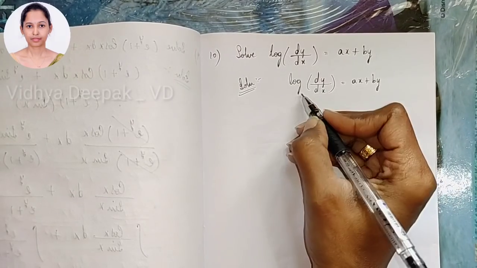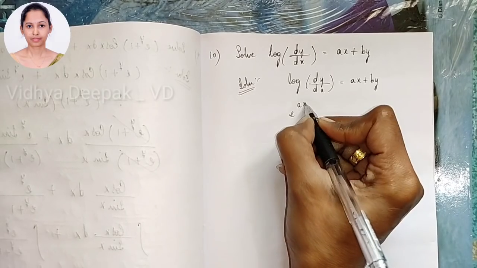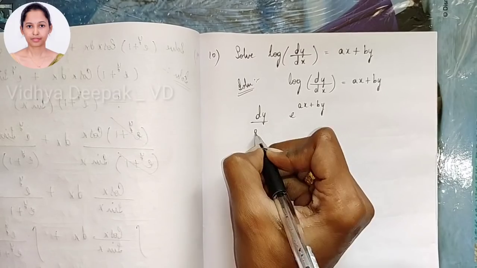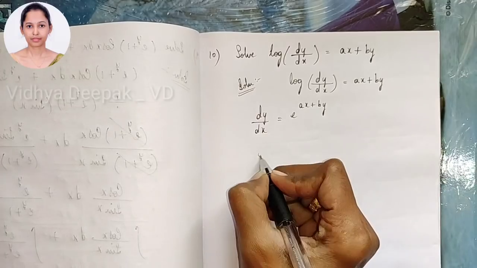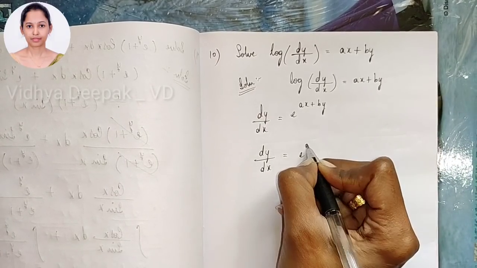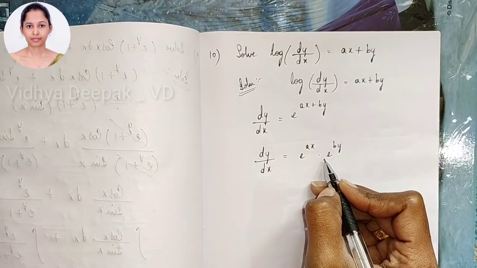What is the logarithmic definition? e to the power of this is equal to this, right? So e to the power of ax plus by is nothing but dy by dx, right? Now this can be written as dy by dx is equal to e to the power of ax into e to the power of by. This can be split like this, right?